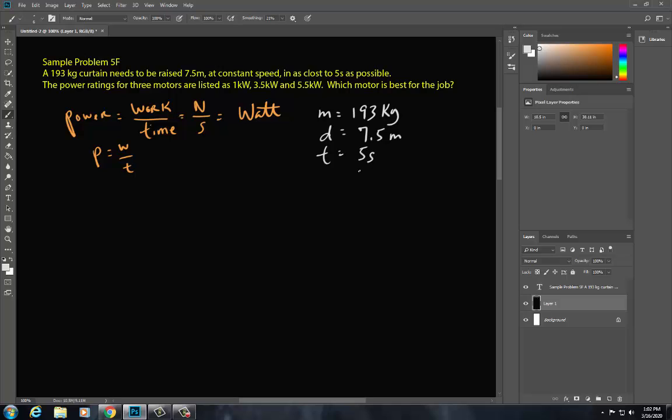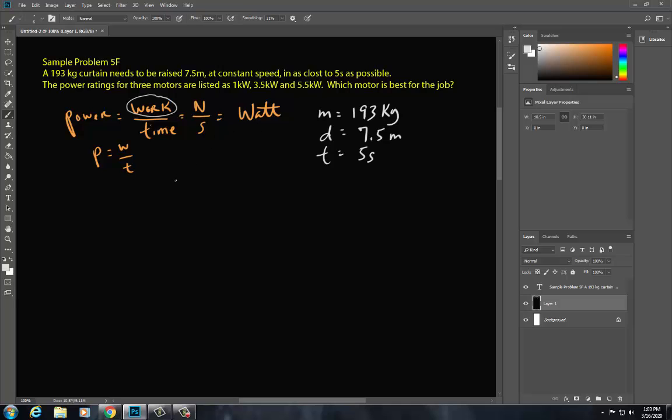So we want to figure out how much power it will take to move it in 5 seconds, basically. I think this problem revolves around work, because they don't come right out and tell you, hey, this thing is so many joules of work, but you can figure this out.